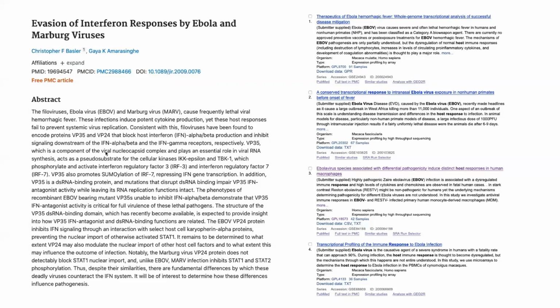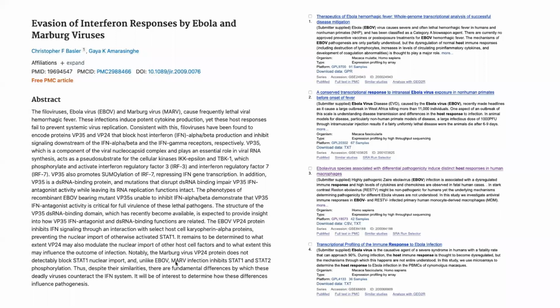So you can see how a variety of different viral proteins that the virus can use as structural proteins and in non-structural proteins can interact with the different pathways. And so you can see how the differences here between Ebola virus and Marburg virus. You can see here the Marburg virus VP24 protein does not detectably block STAT1 nuclear import.